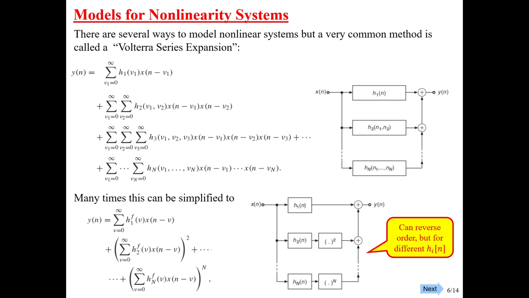Now, it is possible to simplify this and to just simply run the signal through a bunch of different ordinary convolutions, and then the outputs of each of those convolutions goes through a first order, second order, all the way down to an nth order. So that's a modified version of the Volterra.